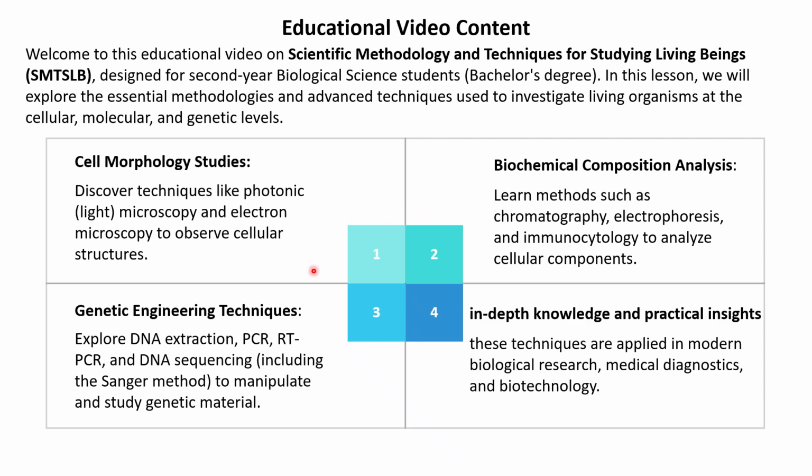Then, we will dive deep into genetic engineering techniques. This includes exploring DNA extraction, PCR, RT-PCR, and DNA sequencing, including methods like the Sanger method, to manipulate and study genetic material. Finally, these powerful techniques are extensively applied in modern biological research, medical diagnostics, and biotechnology.